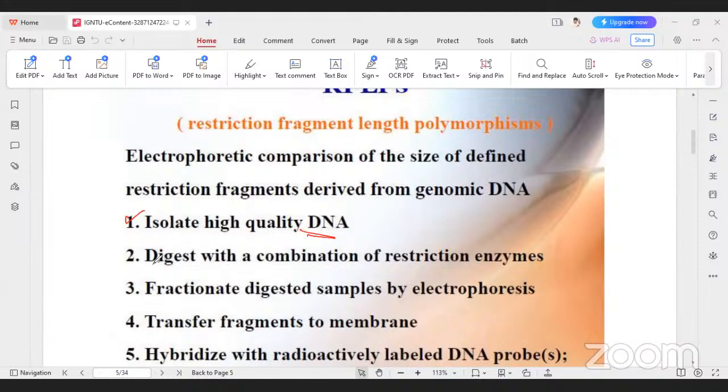Second, digest, that is, cut the DNA into smaller fragments with the help of a different combination of restriction enzymes.